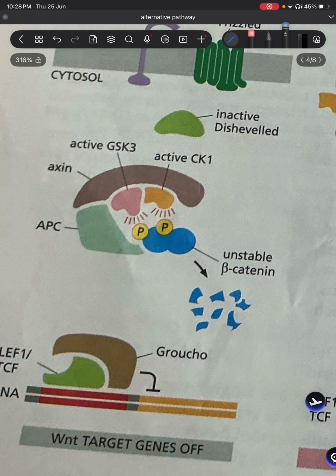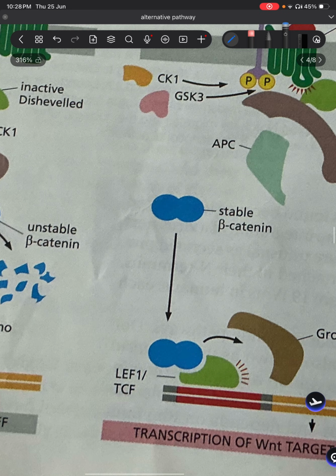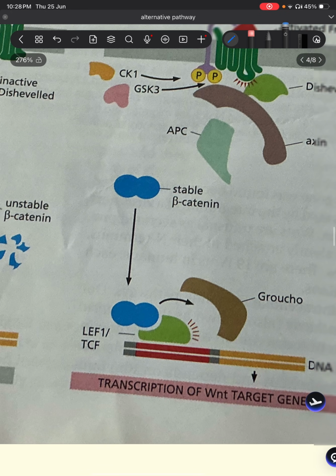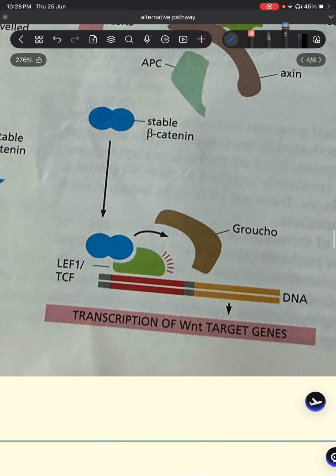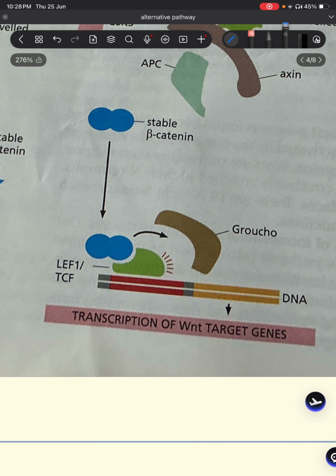Okay, so this is in the absence of Wnt. In the absence of Wnt, we don't have beta catenin. Therefore, our target genes are off. But in the presence of stable beta catenin, we remove this co-repressor and there is transcription of the Wnt target genes.